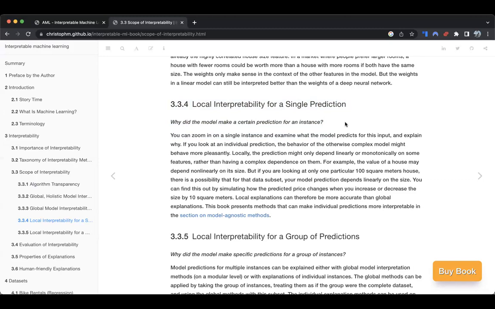I need a reason why you refused my loan application. If that reason is logical and actionable, something I can change, then I will go work on it and come back and apply again to your bank. So this is local interpretability for a single prediction: why did the model make a certain prediction for that specific instance?